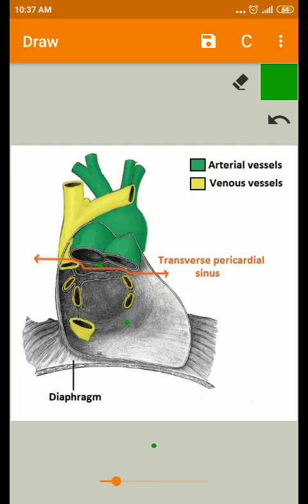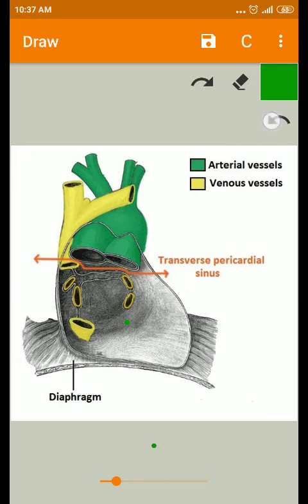This is the arterial tube. This arterial tube encloses the ascending aorta and the pulmonary trunk, and is called the arterial end of the heart tube.